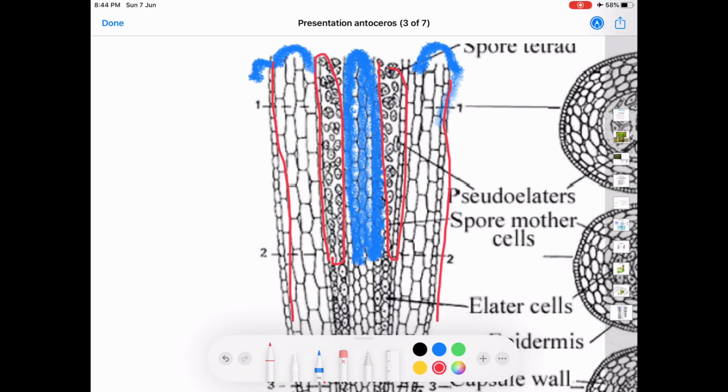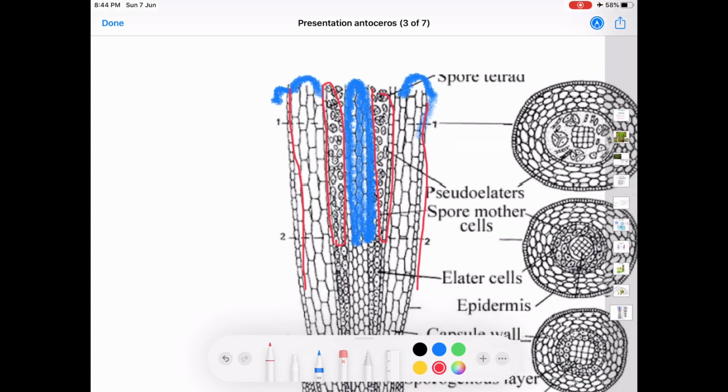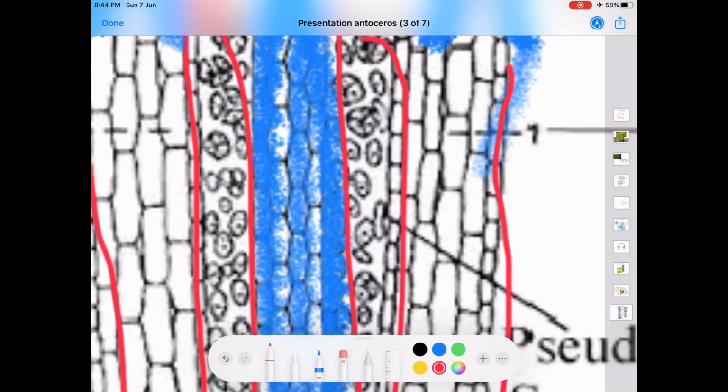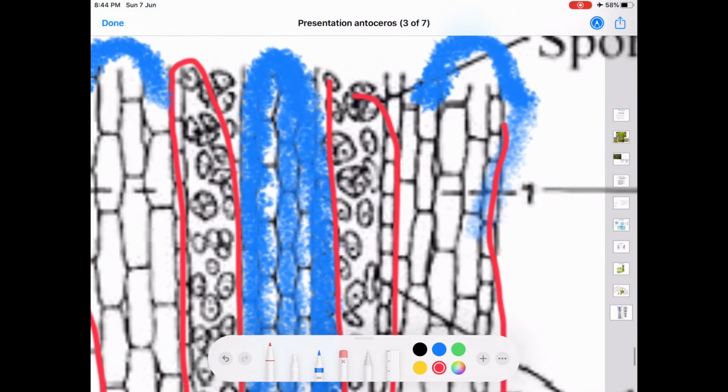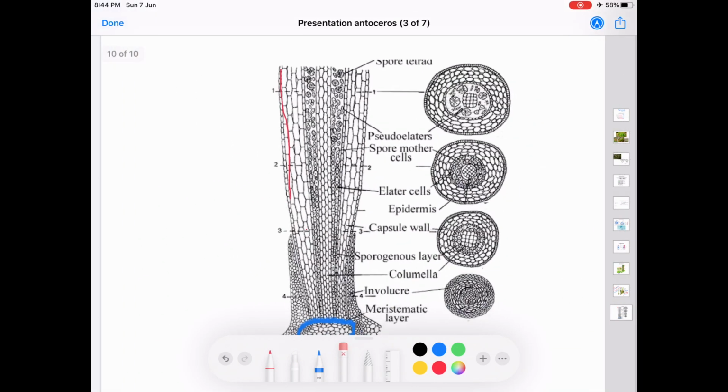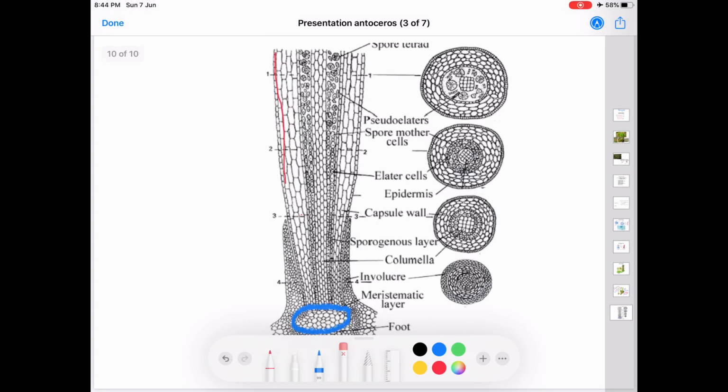In dry condition, the capsule loses water and the tip of the capsule gradually shrivels, and the capsule dehisces by splitting into two halves, exposing the spores outside. The sporogenous tissue consists of spore tetrads and pseudo-elaters. See, this is the spore tetrad. This is all about the structure of sporogonium in Anthoceros.